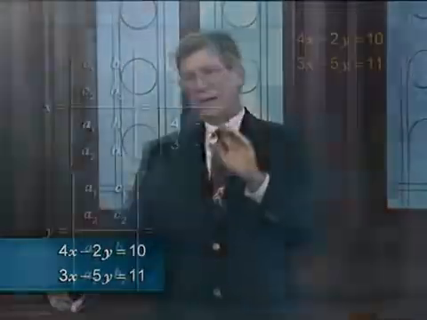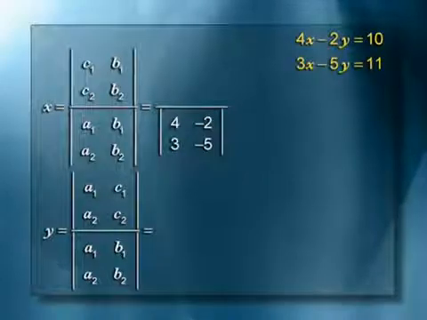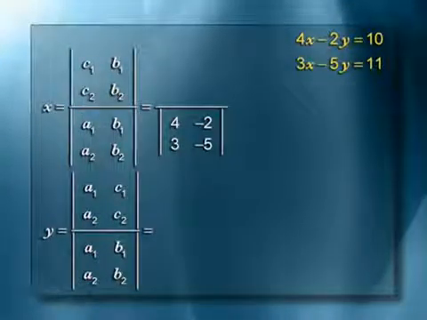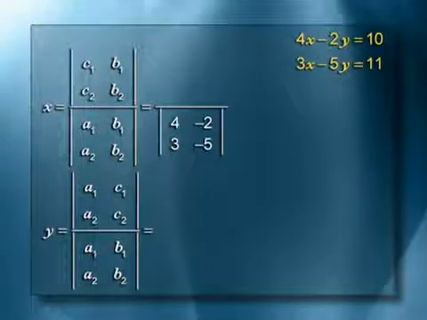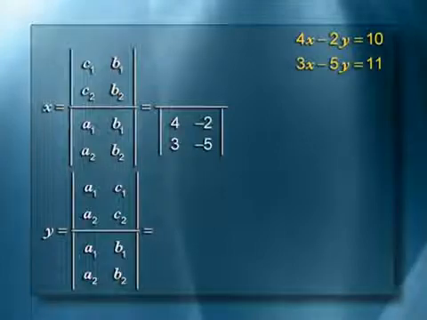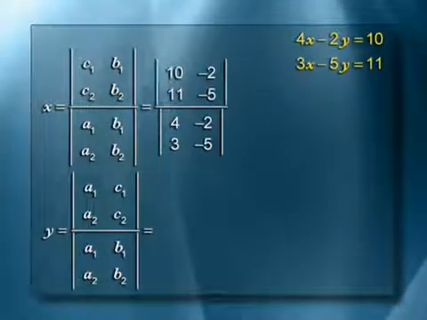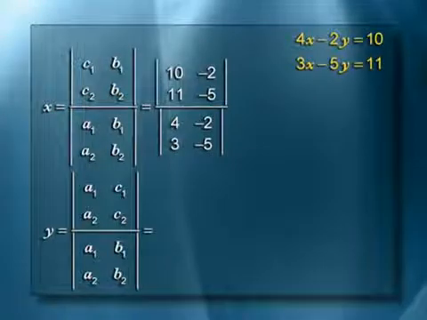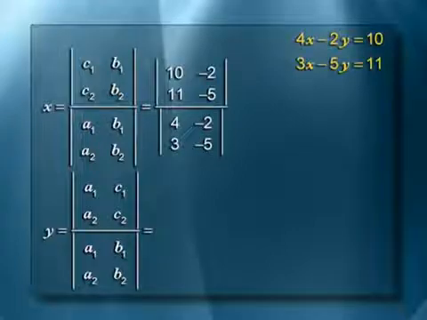All right. The denominator will be the determinant of the coefficient matrix. So it's 4, minus 2, 3, minus 5. What's the numerator? Well, it's almost the same thing, except replace the first column by the right-hand side, 10, 11, and keep the same second column, minus 2, minus 5. And now calculate those 2-by-2 determinants.